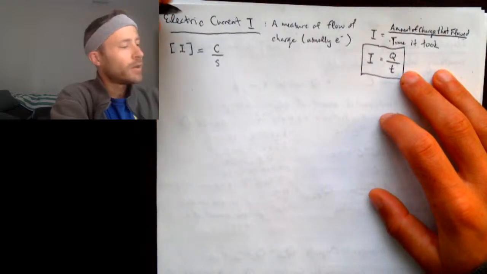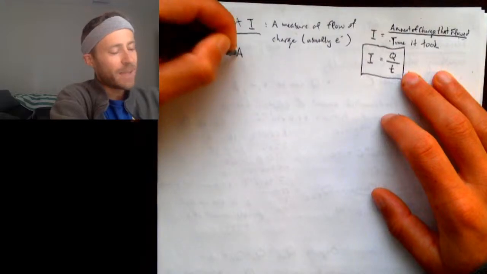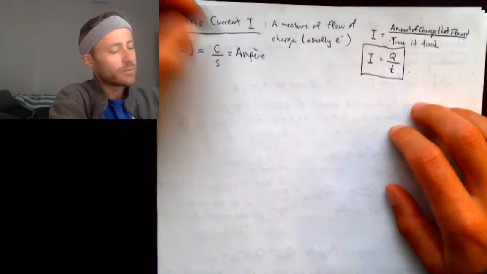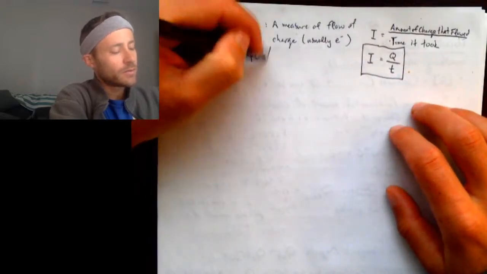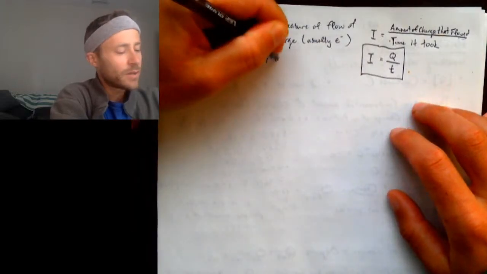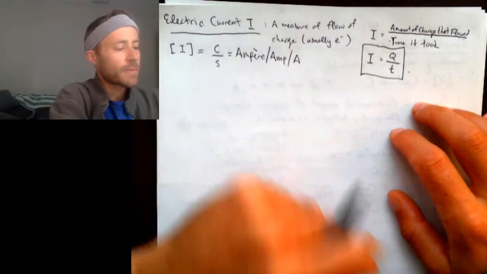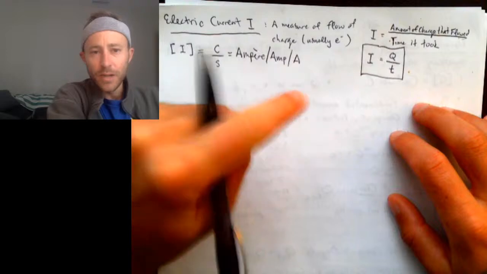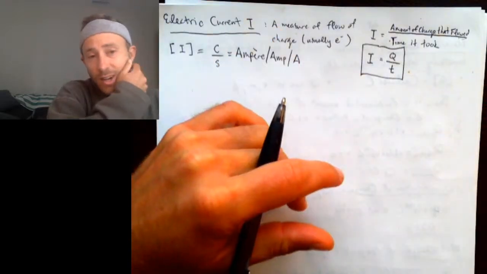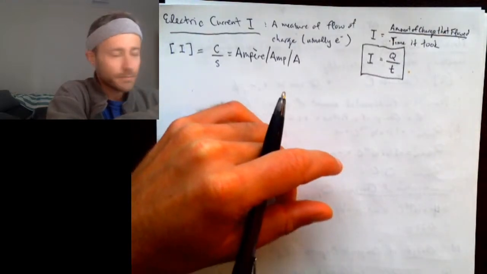All right. Now, this has a special name. A coulomb per second is called an ampere, which people usually don't say ampere, they just say amps. And it's abbreviated A. So if you live in a house, maybe in your garage, maybe outside, you probably have a breaker box.